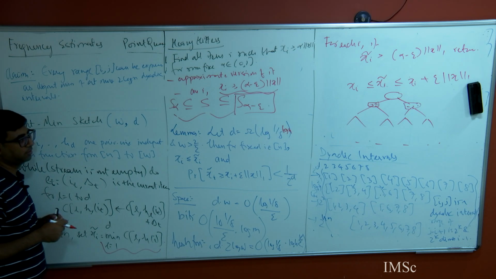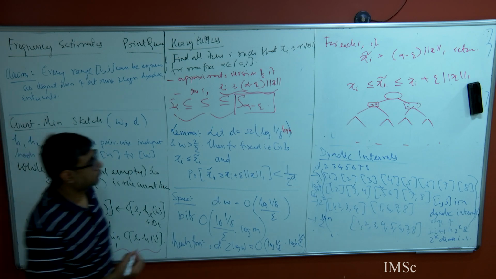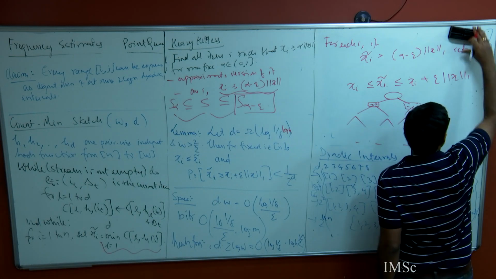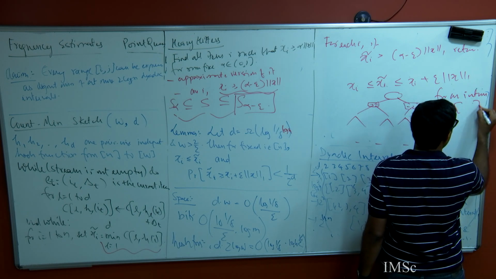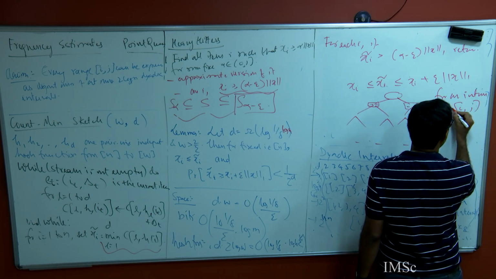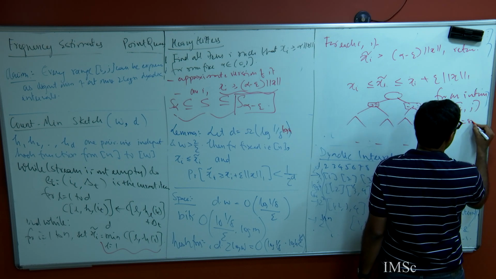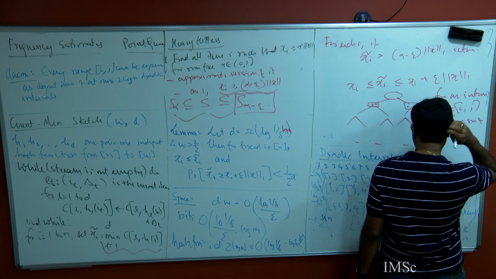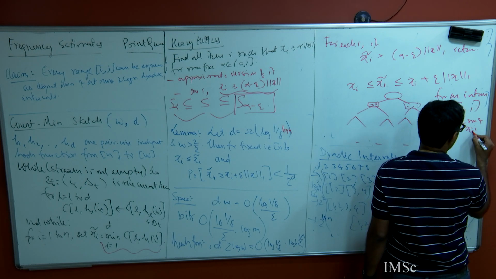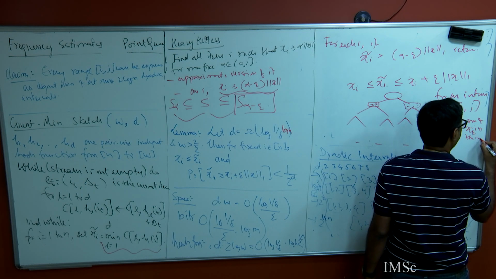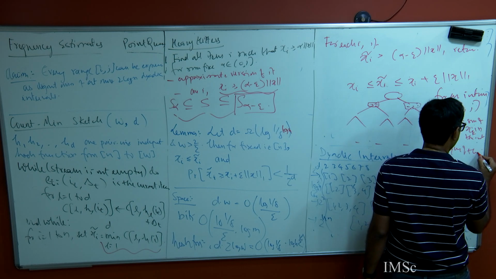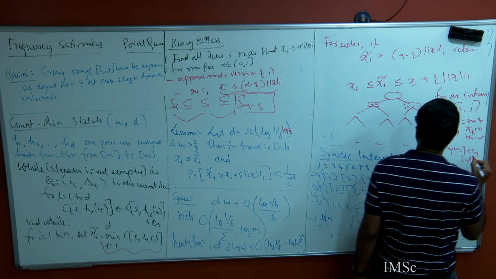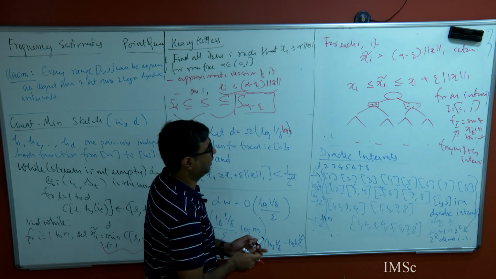Suppose for an interval i comma j, let f be the sum of xk in the interval. So let us call this the frequency of the interval or whatever you want to call it. And suppose they all were positive and sum is m.